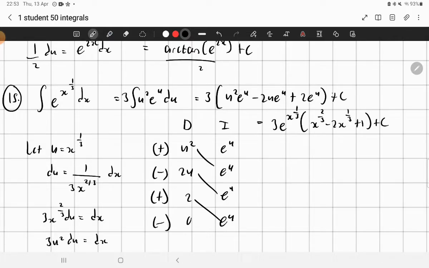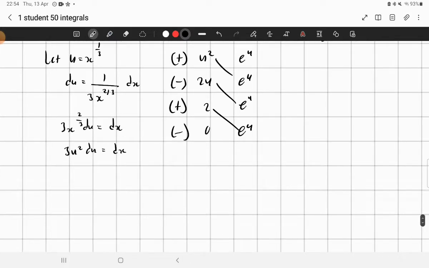There you go, very nice. So we check e to the power of x to the power of 1 over 3. Alright, very nice, we got the same answer.